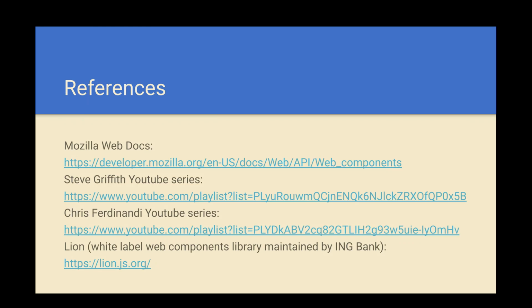If you want to get started with web components and you don't want to start from scratch, you might take a look at the Lion framework, a set of very well built components that you can apply your own styling and modifications to, building from something that someone else has already started.